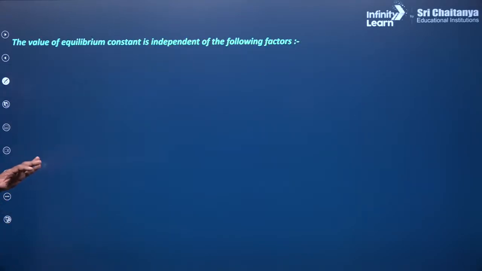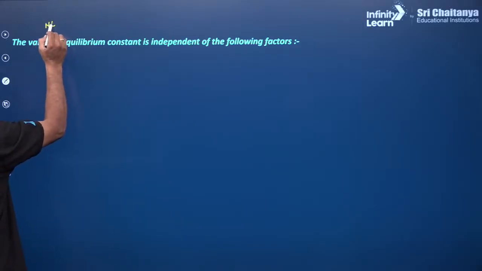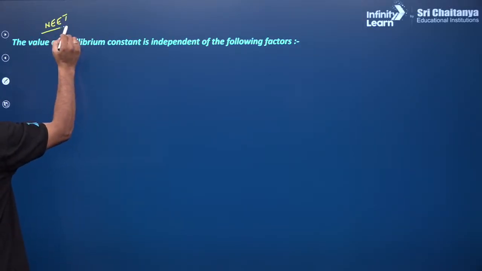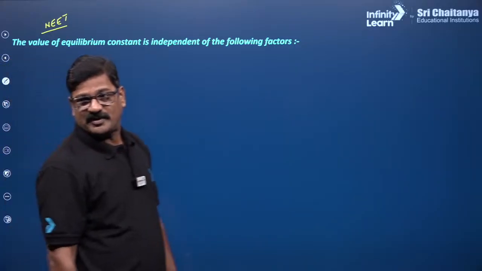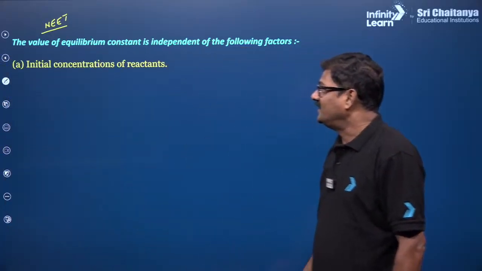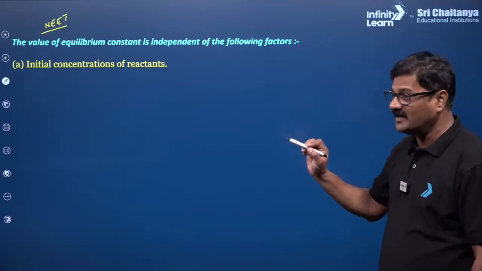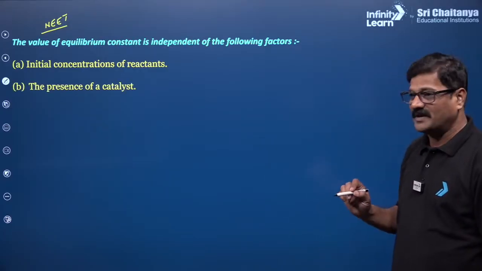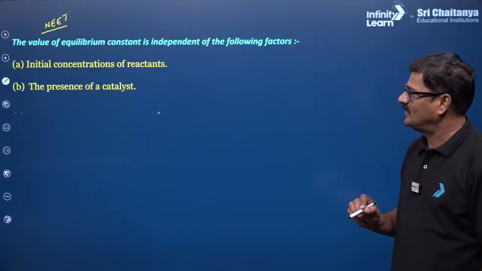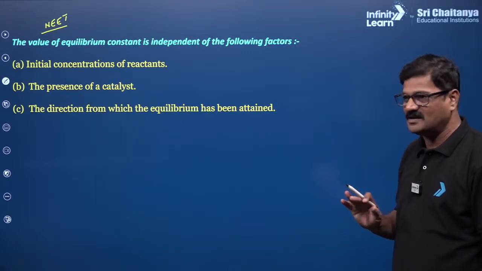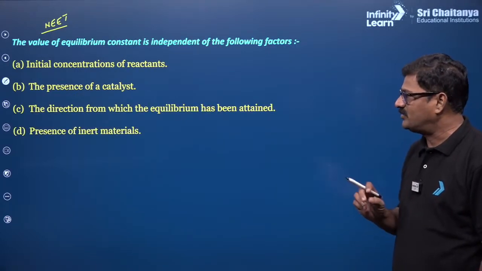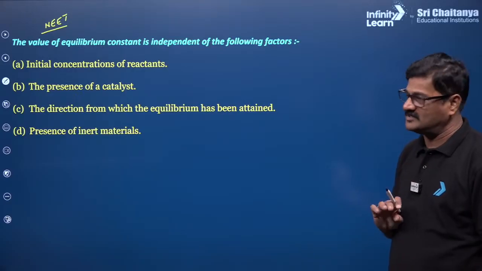And the value of the equilibrium constant is independent of the following factors. In NEET multiple choice questions, this form of statements is important. It does not depend on initial concentration, it does not depend on the presence of a catalyst, the direction from which equilibrium has been attained does not matter, and the presence of inert material also does not matter.